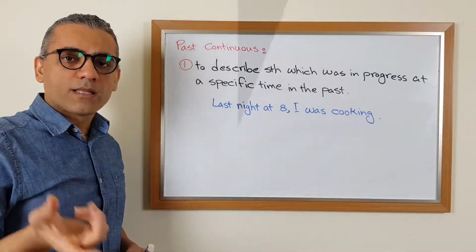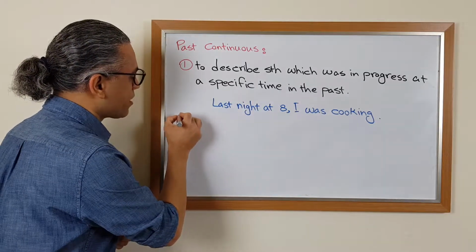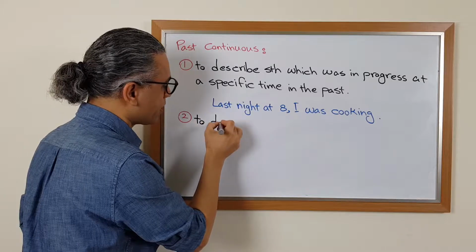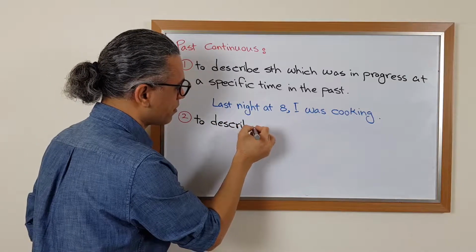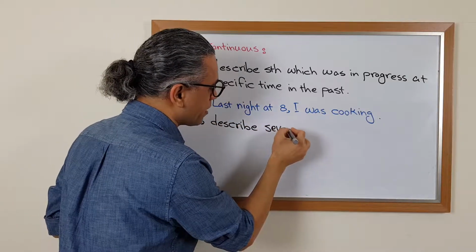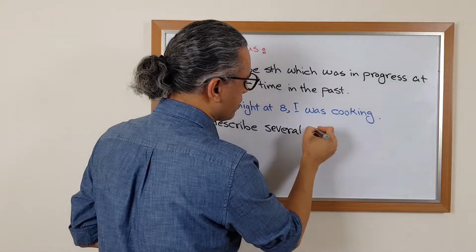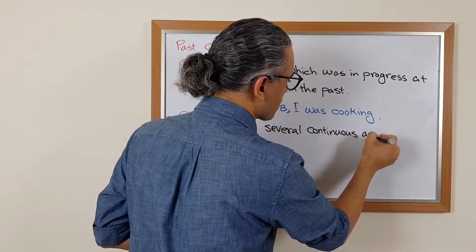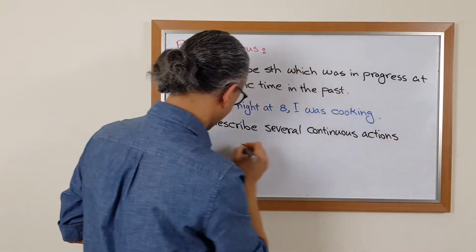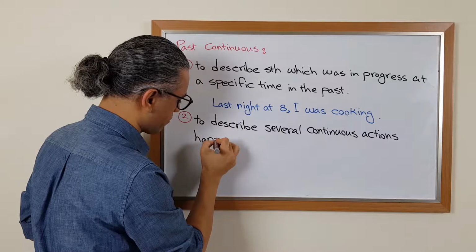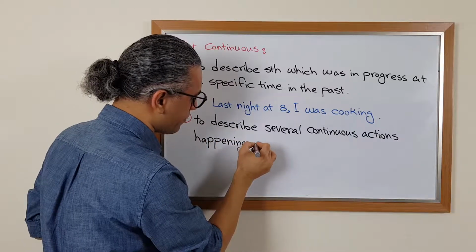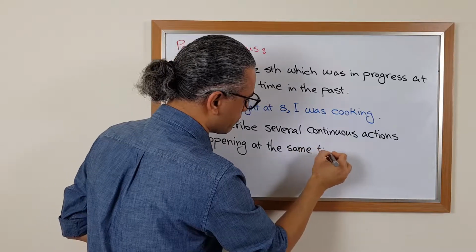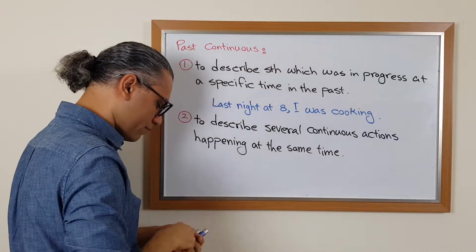Now, the next function of past continuous is to describe several continuous actions happening at the same time. Example.